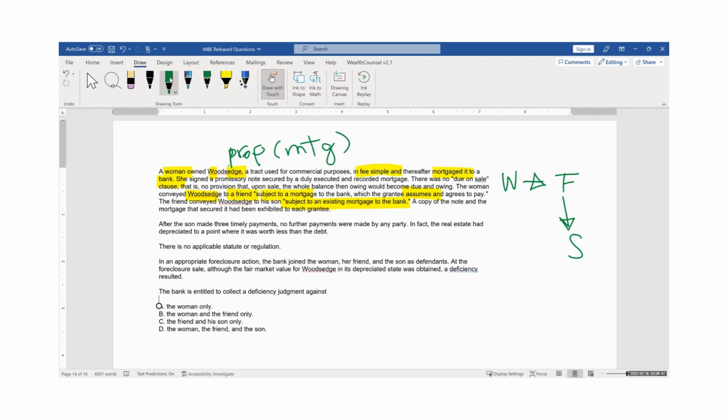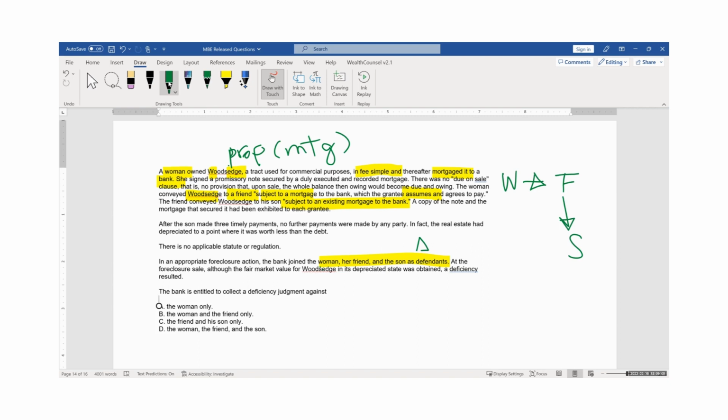In an appropriate foreclosure action, the bank joined the woman, her friend, and the son as defendants. So the bank is bringing in the woman, the friend, and his son as defendants for having to pay for the mortgage that has now gone in default.